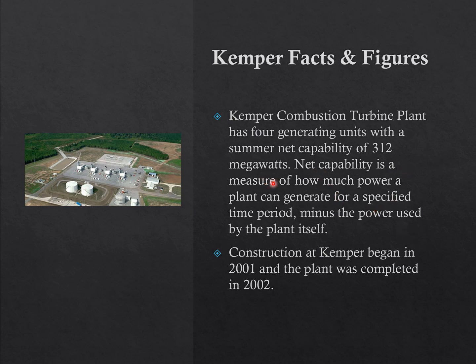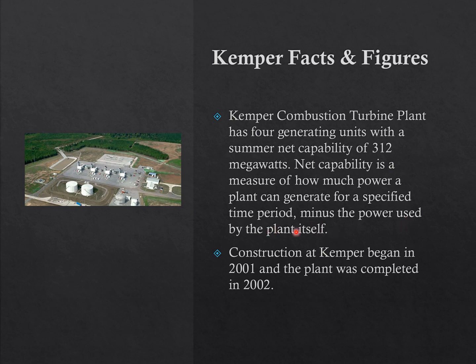So your net capability, this is a formal definition, is just a measure of how much power a plant can generate. Your plant is generating this amount of power, and it's got to be within a specific time period. Then you subtract the power used by the plant itself.